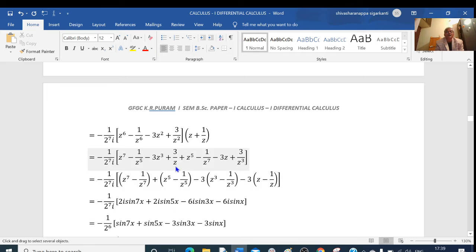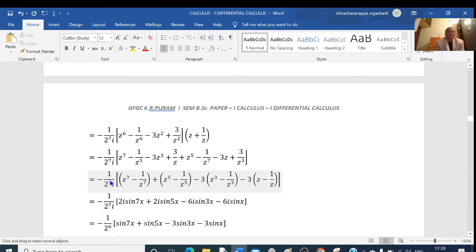See, one z cube term is here and the z cube term is here. So in these two terms, I will take minus 3 common factor. I will write this as z cube minus 1 by z cube. And next z terms are there, z and 1 by z. Minus 3z plus 3 by z is there. Minus 3 taking common factor, z minus 1 by z.